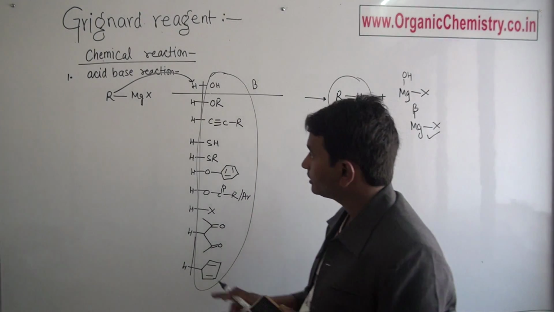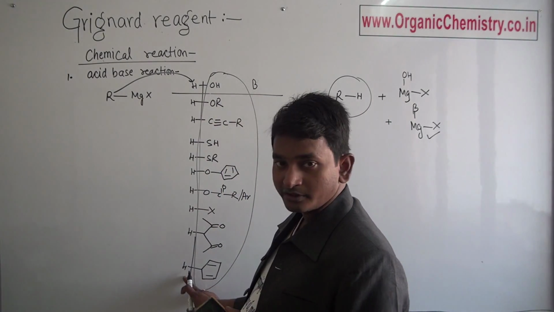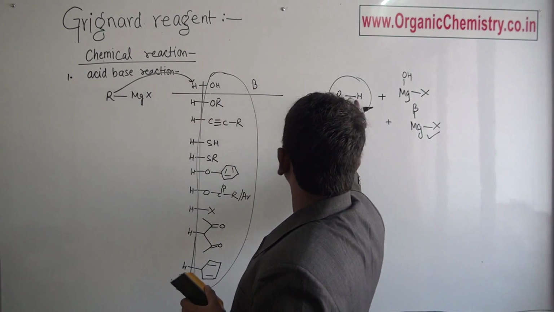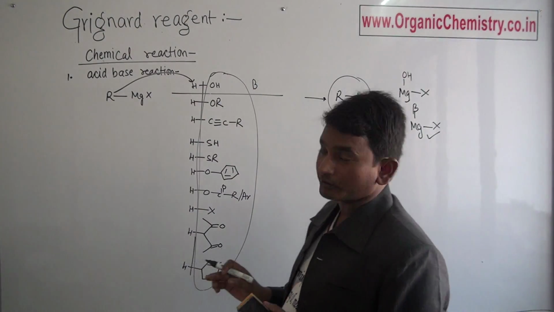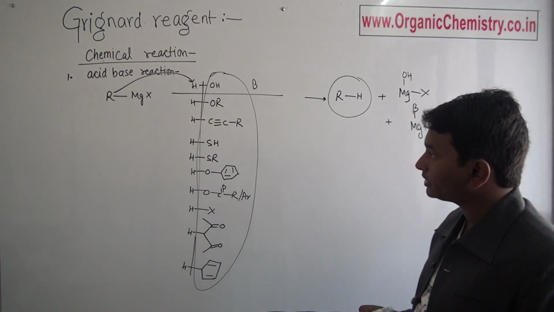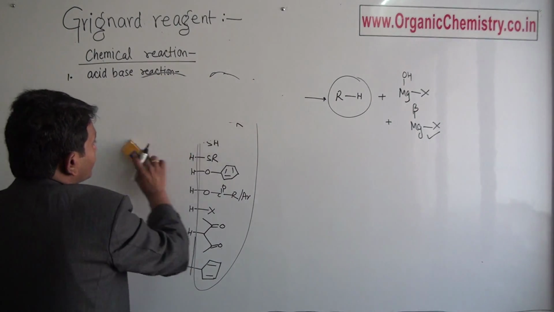So important part, when RMgX attacks with acidic hydrogen, this bond is broken and hydrogen is attached with the alkyl group. This R, as I told you, may be single bonded, may be double bonded, may be triple bonded. So the chemical reaction may be asked like this.